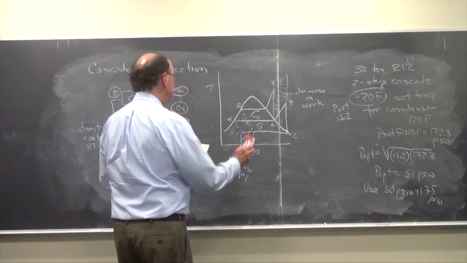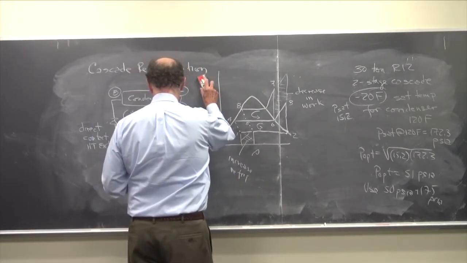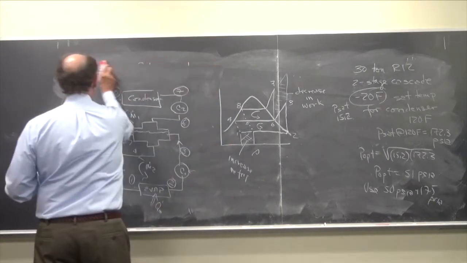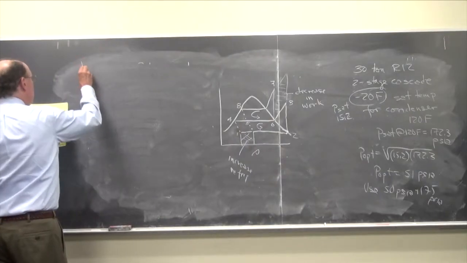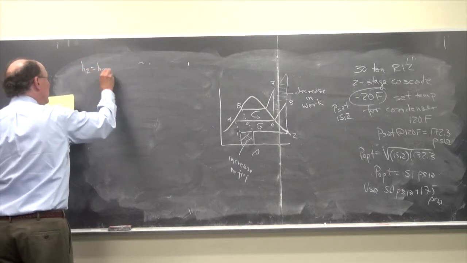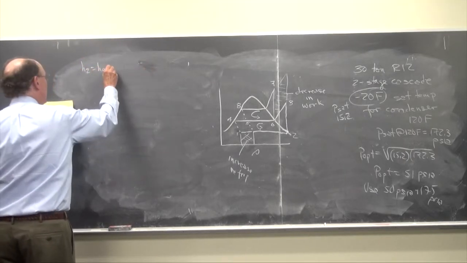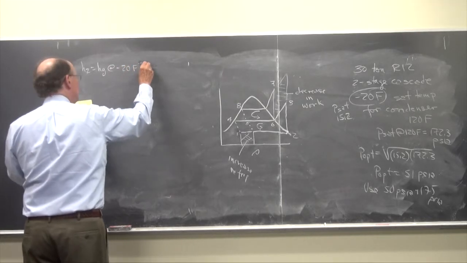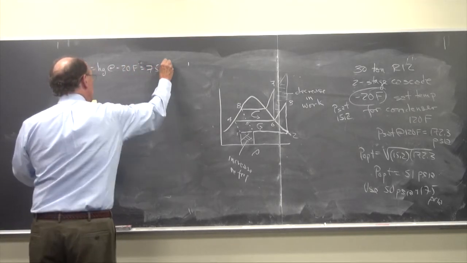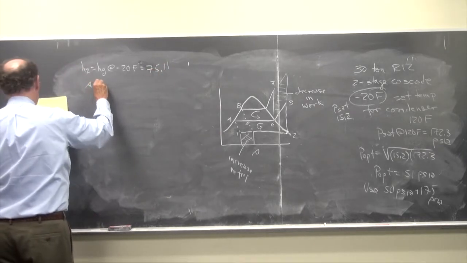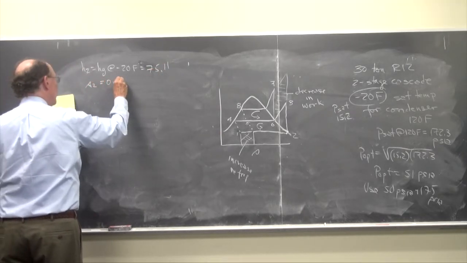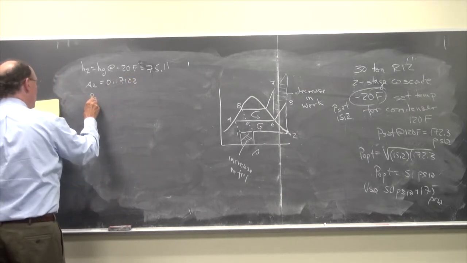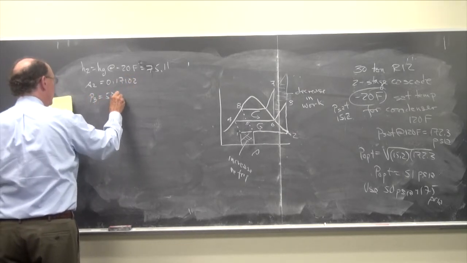So now I have to erase something. H2 is equal to H sub G at minus 20 degrees Fahrenheit, which is equal to 75.11. S2 is 0.1710. P3 is equal to 50 psia.